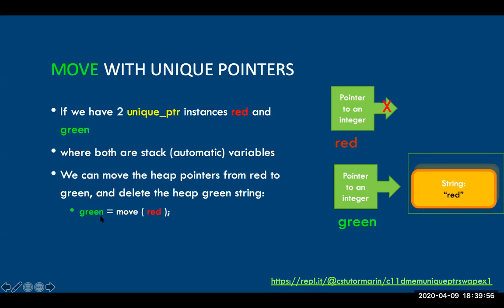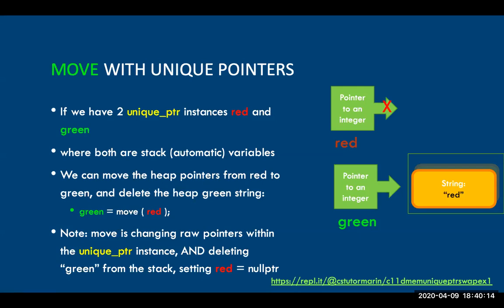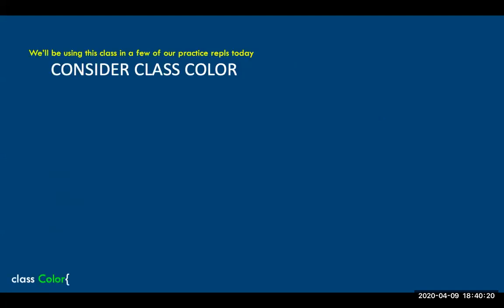If I said green equals red and they were both raw, old school pointers, we'd have a memory leak, and then red here would still be pointing to something, and we have a risk of some sort of a crash or overriding something down the road. So this is just another way the unique pointer helps you manage that. Okay, so that's the move. So swap and move; those are two things that you can get away with there, right?